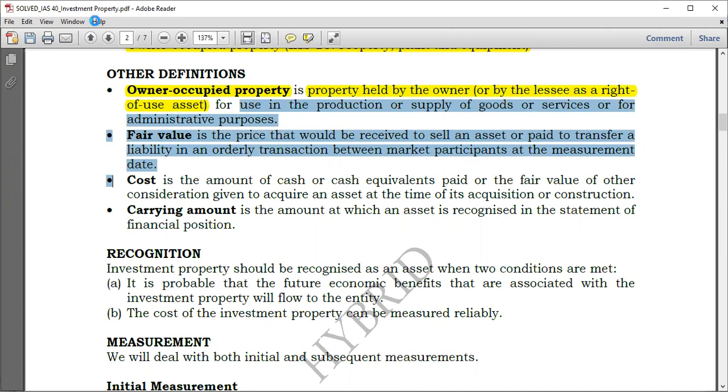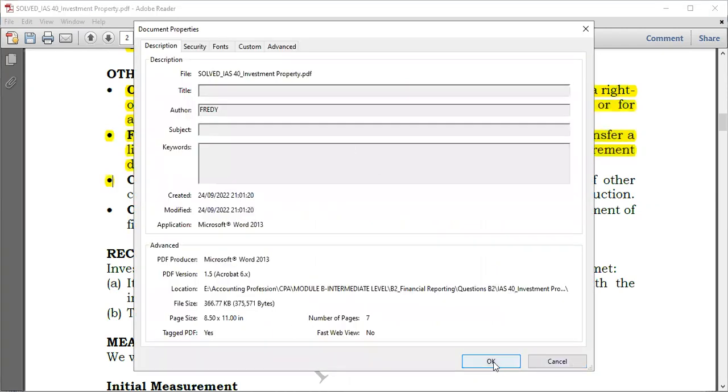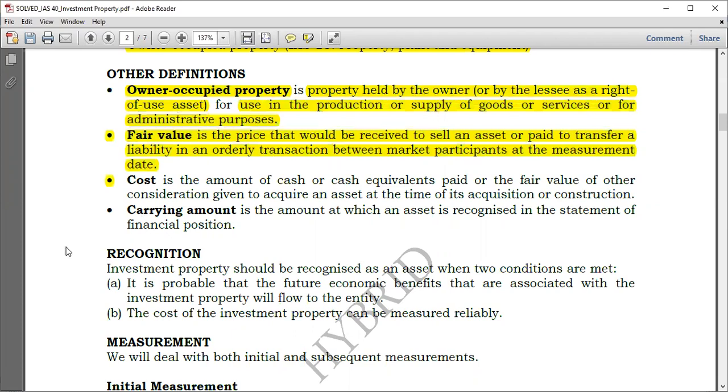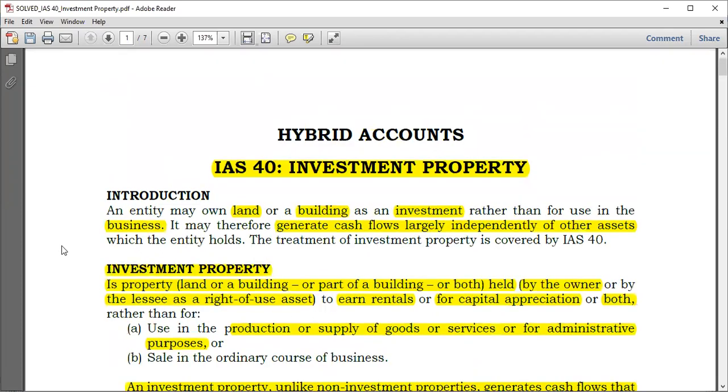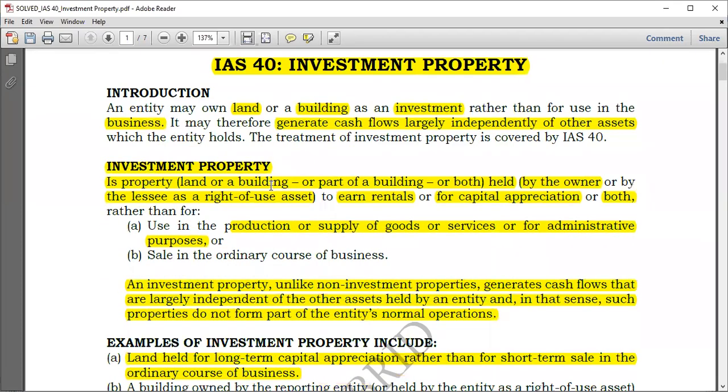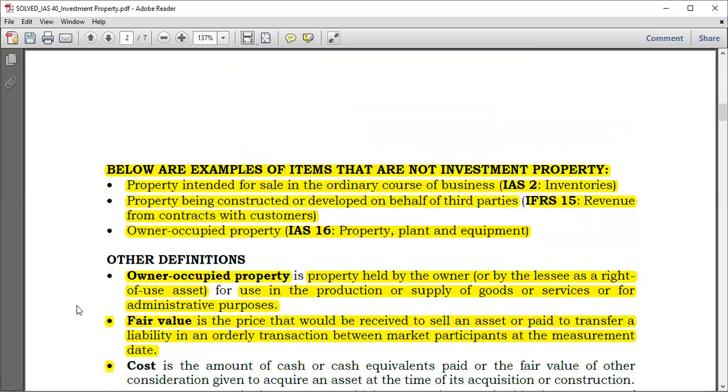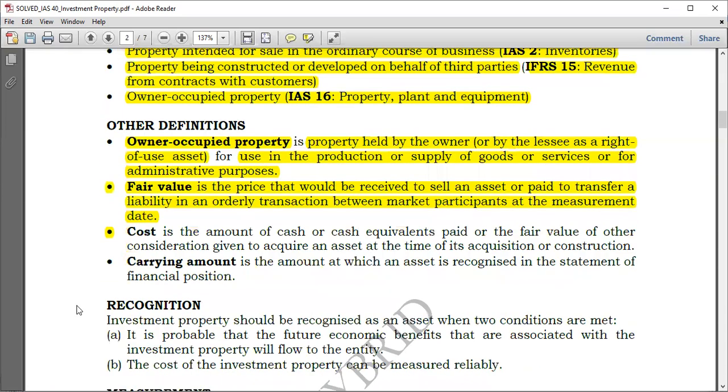We said this is property held for rentals or capital appreciation, rather than for production, supply of goods or services, or for administrative purposes. I said that one is for IAS 16 property, plant, and equipment, and that is what we have seen under owner-occupied property. All right. So I hope you get this even better.